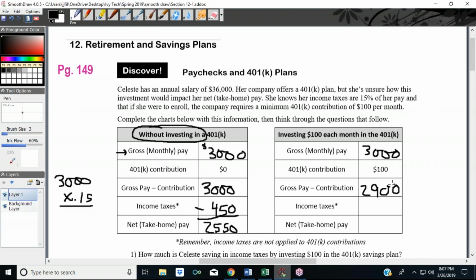So the contribution is actually tax-free right now, and then on the 401k you get taxed on it when you take it out of retirement. So right now we're not going to pay the taxes on it. So we're only going to get taxed on $2,900. So we're going to take that 2,900 times the 0.15.